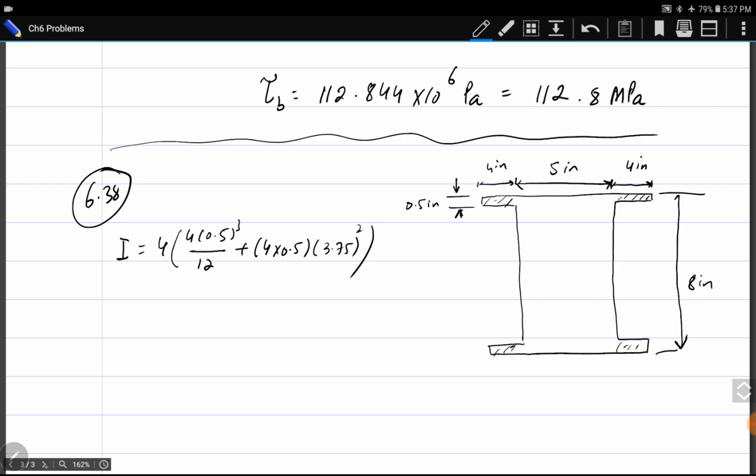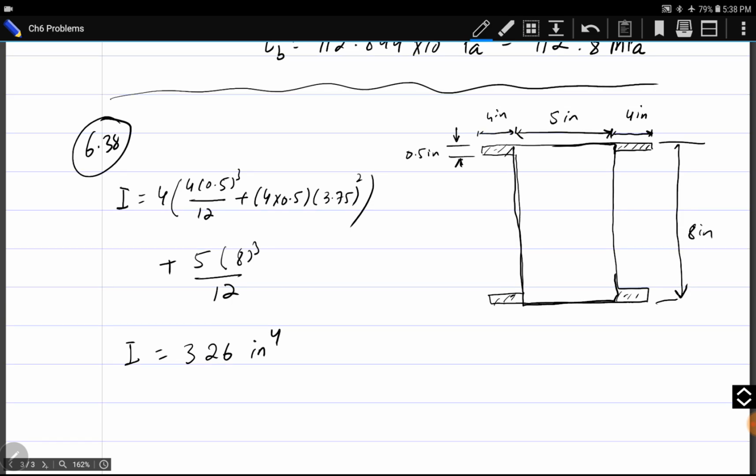I hope you can do it. How to find I of this middle portion: 5 into 8 cubed divided by 12, and its centroid lies on the centroid of the whole cross section. Total I becomes 326 inch to the power 4.